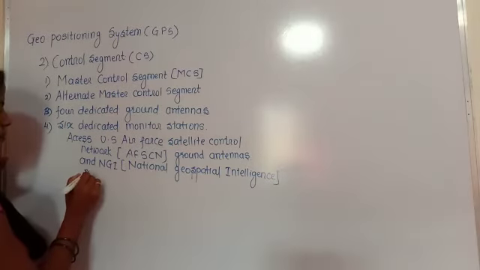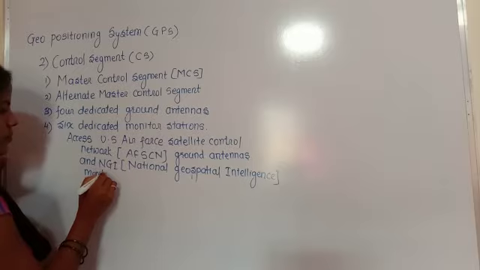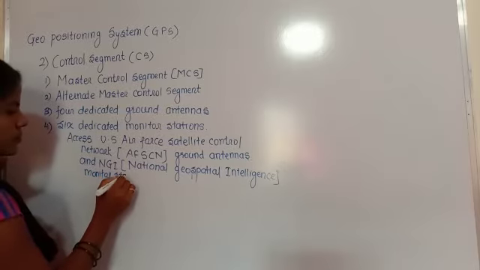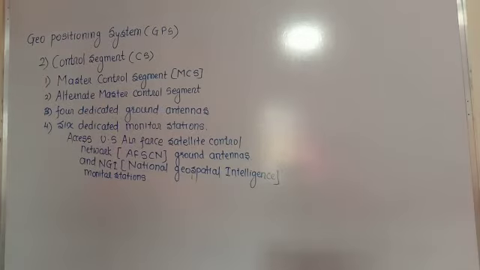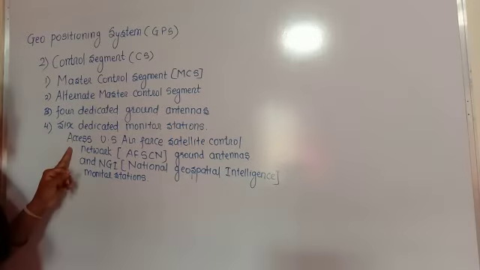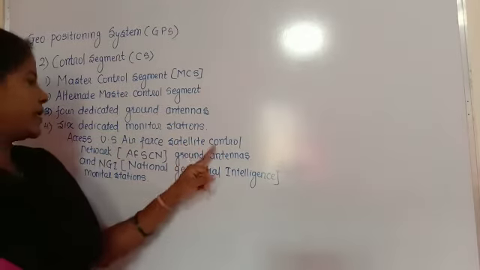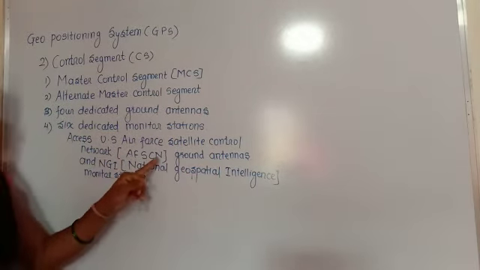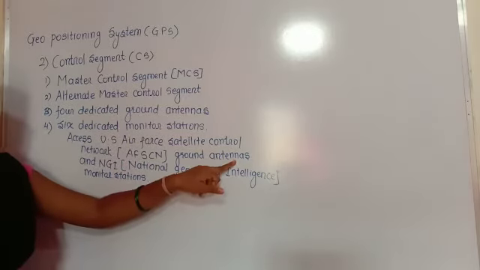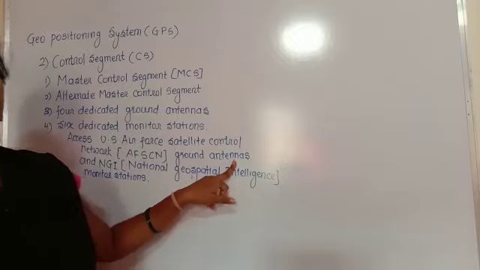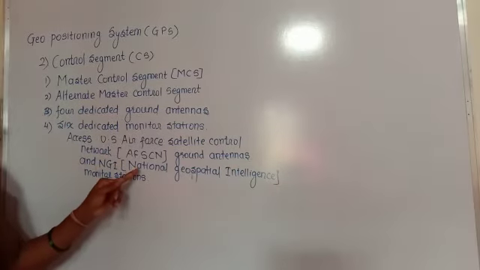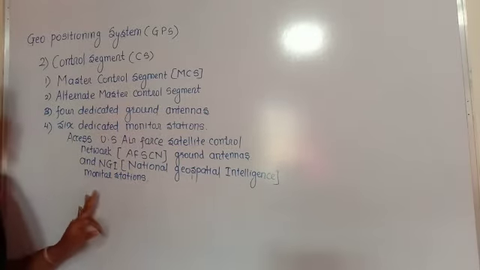So these are the access points of the master control segment. That is, the master control segment can access the US Air Force Satellite Control Network, AFSCN, ground antennas for additional command and control capability, and NGI, the National Geospatial Intelligence Monitor Stations.